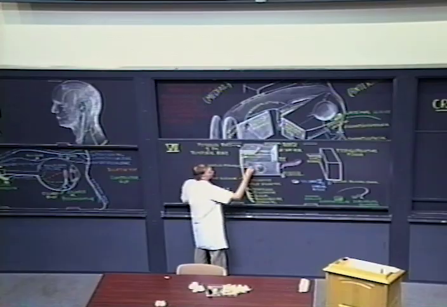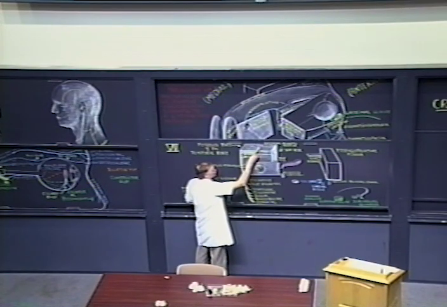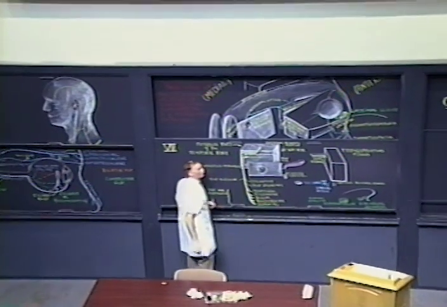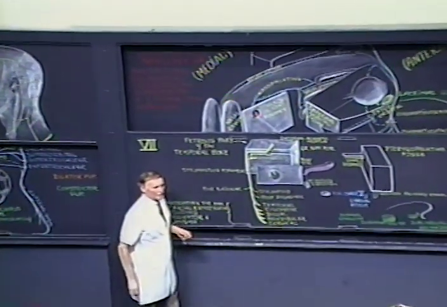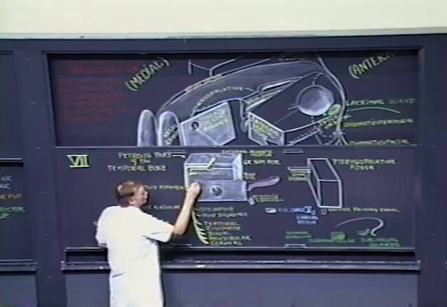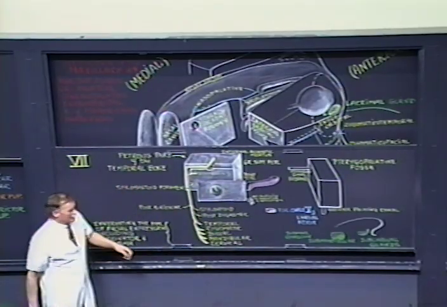Taste fibers then course posteriorly, inferiorly, and just before the facial nerve is about to leave the stylomastoid foramen, they jump back through a small canal into the middle ear cavity.